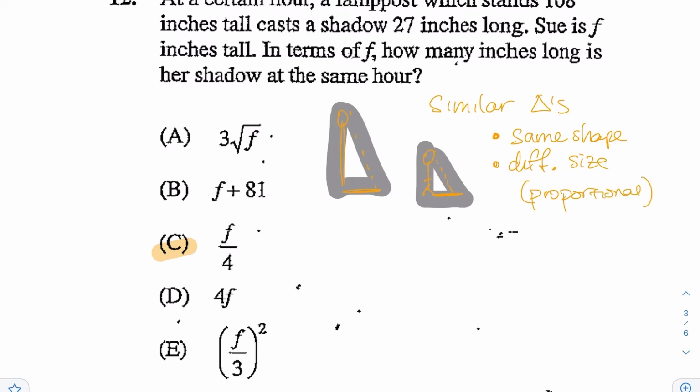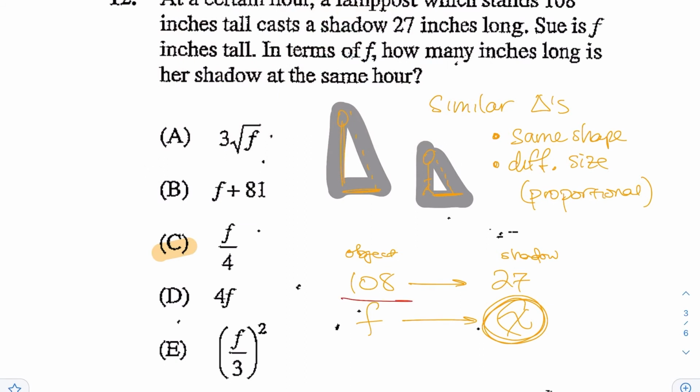When you have a lamppost that's 108 inches tall, that corresponds to a shadow which is 27. Now, when you have Sue, who is F inches tall, her shadow, we don't know how long it is, so we can call that X. X is the variable of interest. That's what we want to solve. You would solve this using a proportion and just cross multiply because it is proportional.